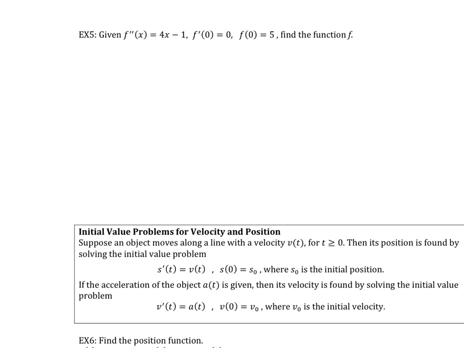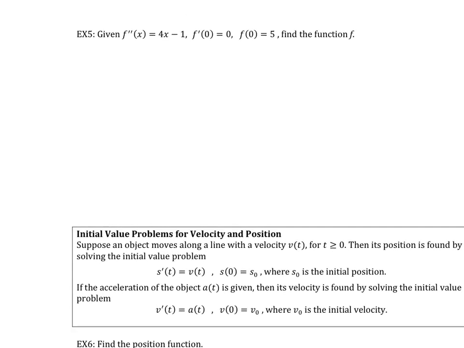What happens if we're given a second derivative and we need to find our function? Well, that just means we get to do this twice. So if you're at the second derivative and you integrate, you get to the first derivative.